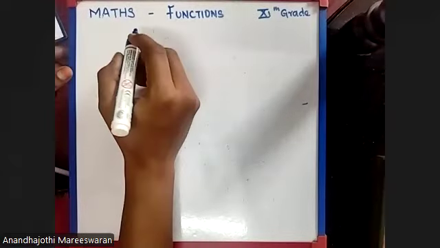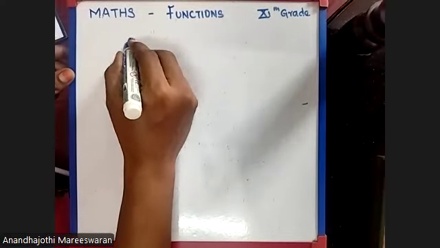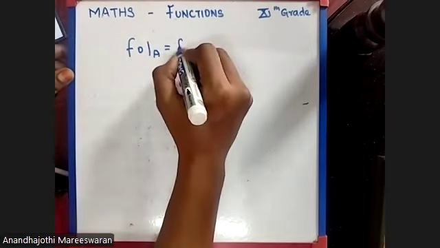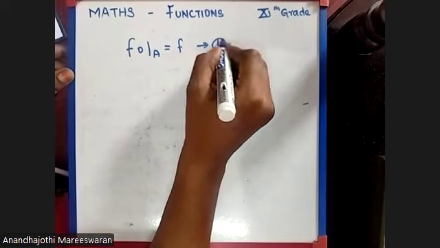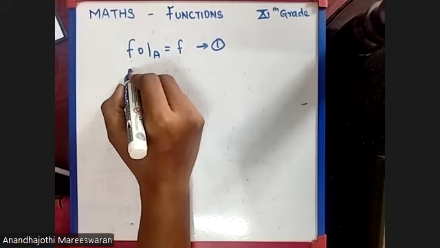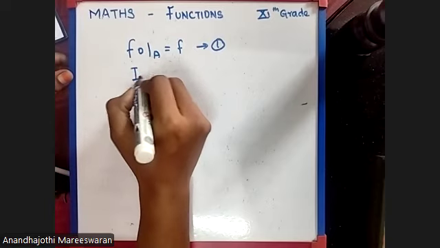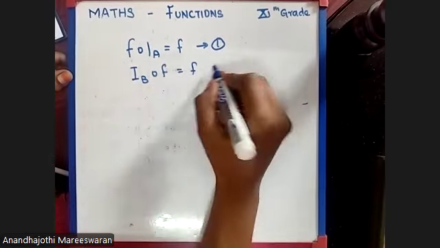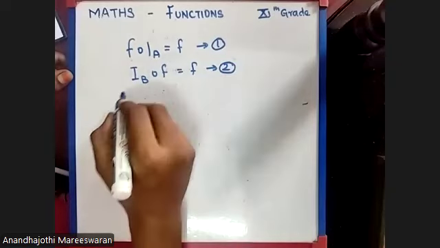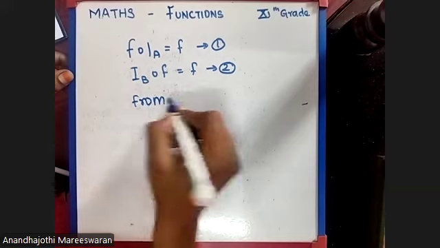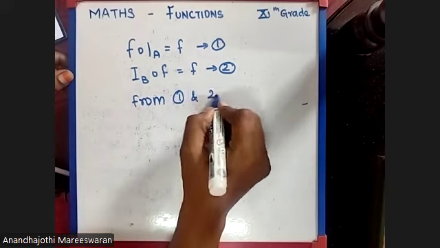What we have as equation 1: f circle I_A equals f. What do we have as 2? Sorry, I_B circle f equals f as 2. So now we are going to combine both of these, from 1 and 2.